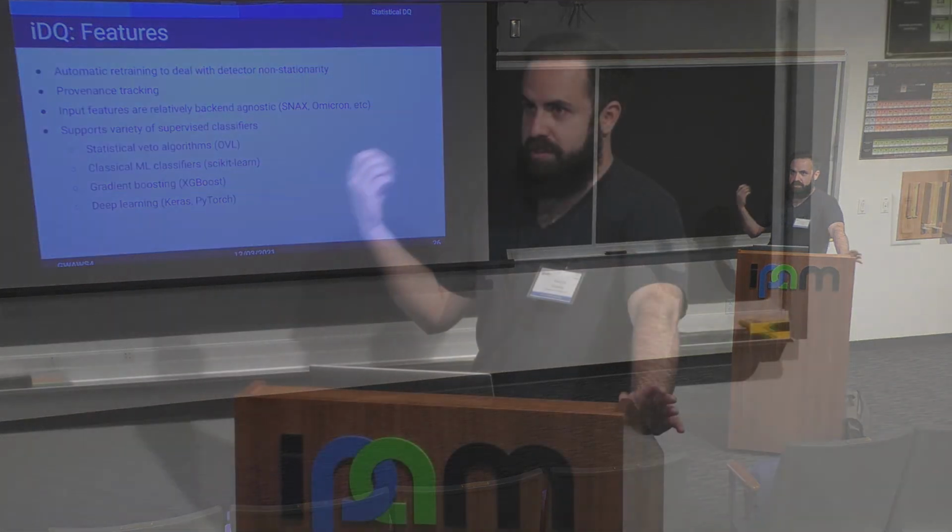There are glitch classes that pop in and out of existence, so we want to capture that as fast as possible. Because of this, we may train new models. We want to figure out, for a given time series, what model was used to train it. And so there is some aspect of provenance tracking.